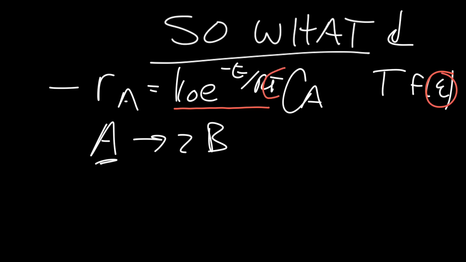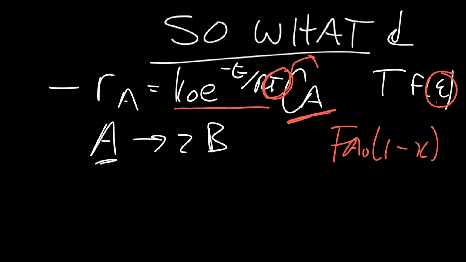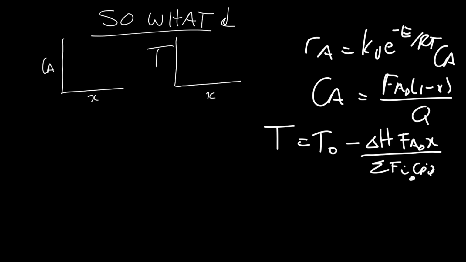First, the temperature is going to change according to that energy balance that we have just derived. And second, my concentration is going to change, because I can write my concentration as a function of conversion or of the extent of my reaction divided by my volumetric flow rate.